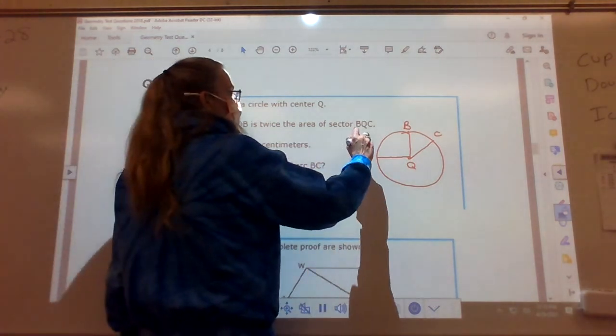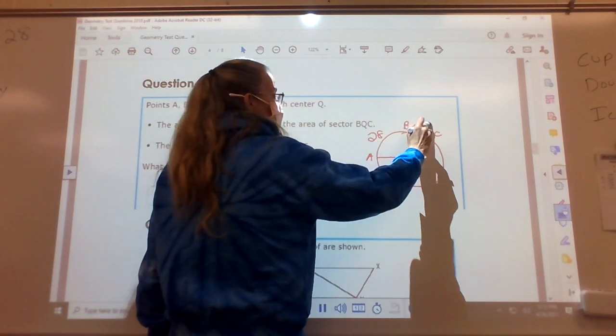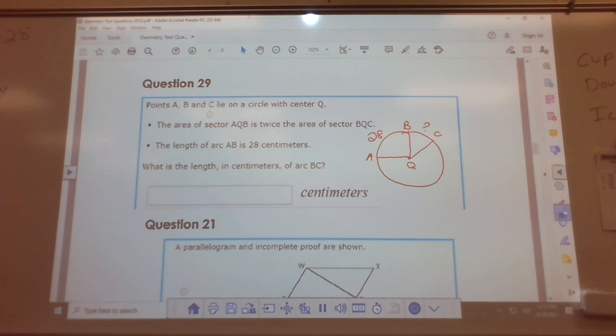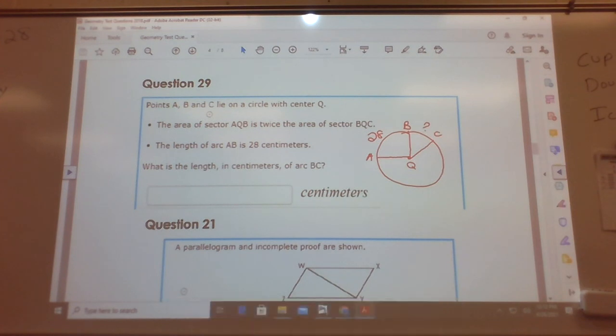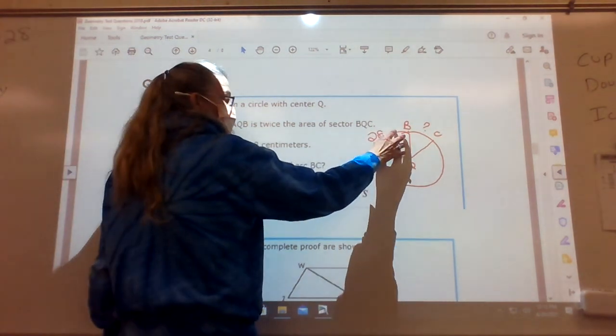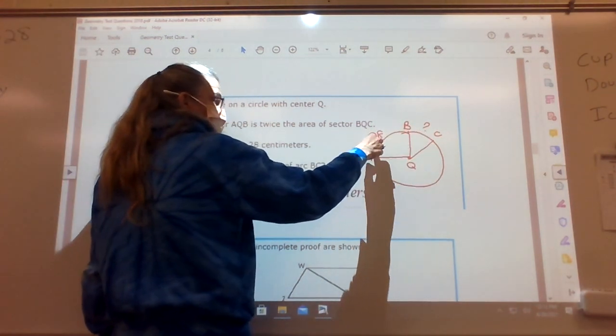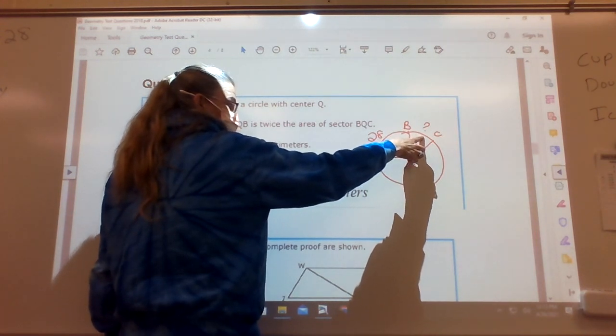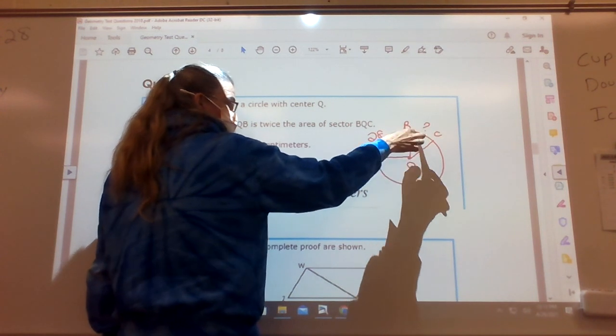AB is 28. How big is BC? Now, once you have that picture, and you know that the area of sector AQB is twice as big as BQC, how big is BC? If this is twice as big as this, if this is 28, this better be... This is twice as big as this.